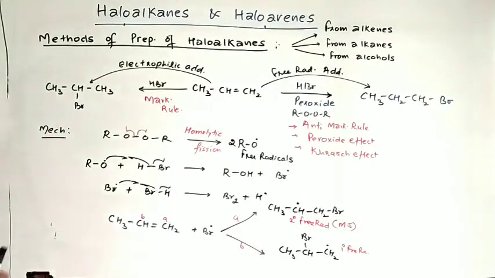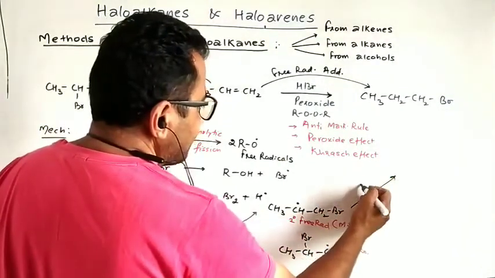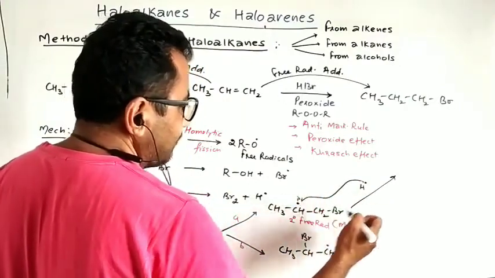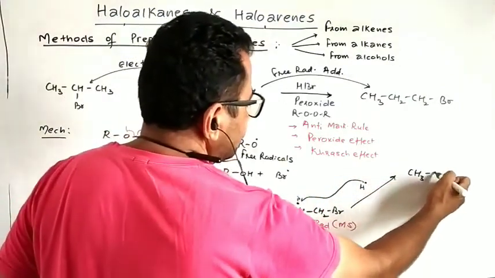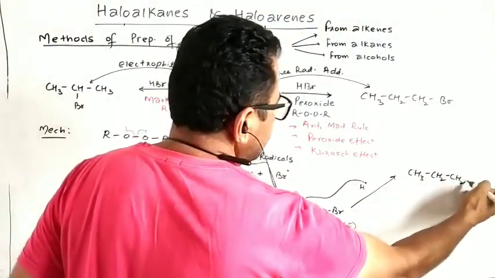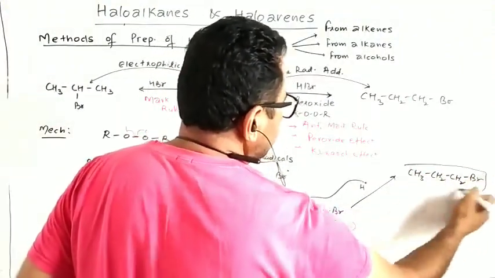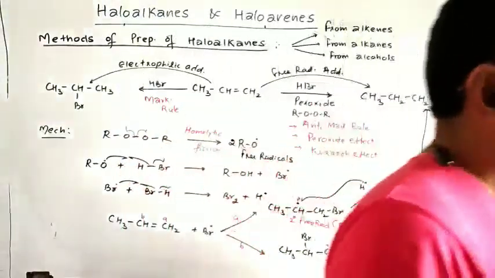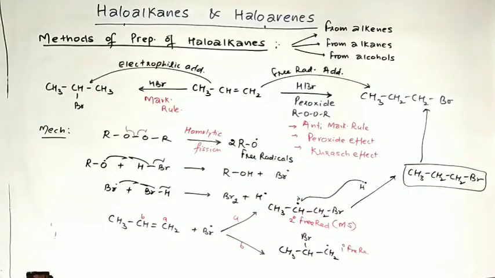Then what happens next is adding H radical here to produce CH3, CH2, CH2, Br. This is your major product formed. So this is called anti-Markovnikov or peroxide effect or Kharasch effect.